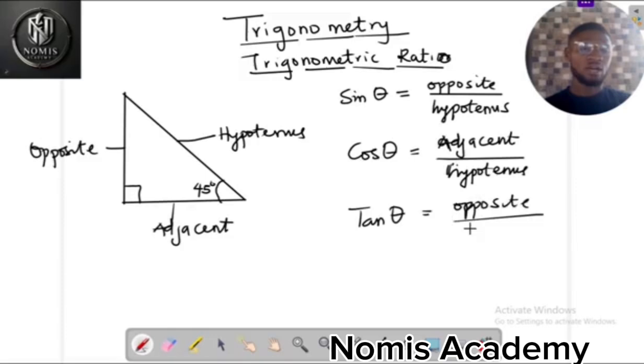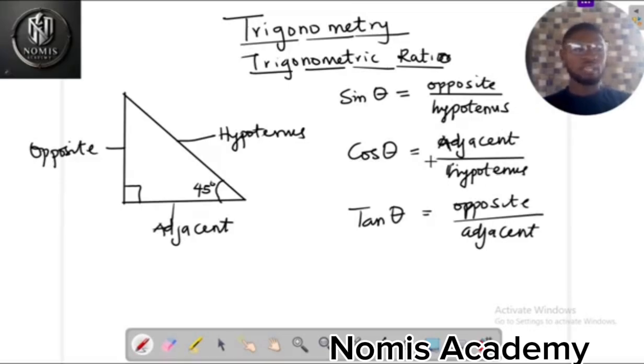So when you look at these three, you will see that every side comes 2 times, right? Hypotenuse came 2 times, opposite 2 times, and adjacent also came 2 times. So one time as numerator, the other time as denominator, except for hypotenuse that appears as denominator for both sine and cos. So learn it that way.